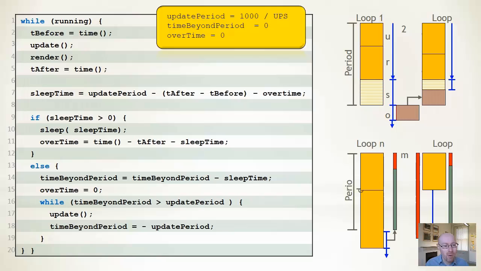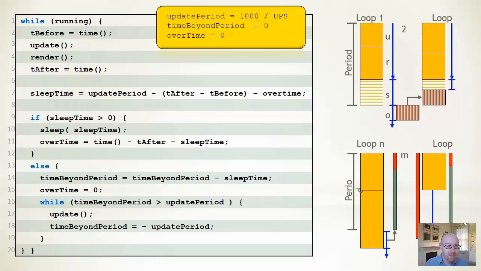Now, did we wake up too early? Did we wake up later? Let's take that into account. So, for the sake of argument, if it was a 20 millisecond target, it took 17 milliseconds for our update and render to happen, and in the last frame, we slept in for an additional 2 milliseconds, then our overall sleep time here would be 20 minus 17 minus 2, or 1.